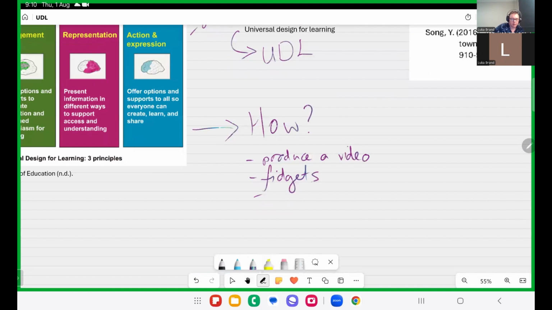So some of our other how are we learning, how are we showing our learning? We're producing a video. We're playing with fidgets while we're learning. Maybe rather than sitting in the chalk and talk scenario, we're reading books. Maybe we're doing our own research. They're all different ways of learning and different ways of expressing our learning.